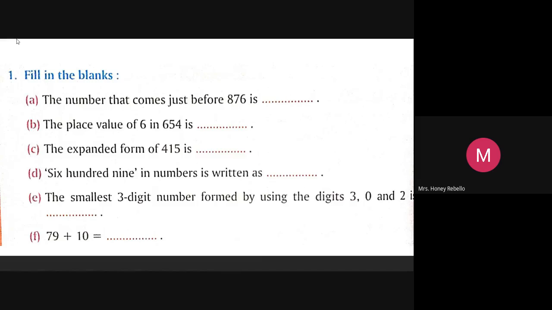Children, you have to read all this by yourself. At least if you're in class, ma'am can teach you. Okay. Now tell me the number before 876. 875. Very good.